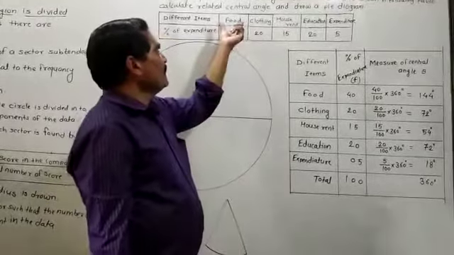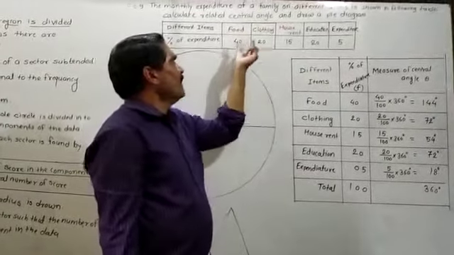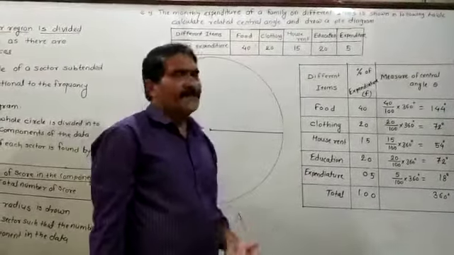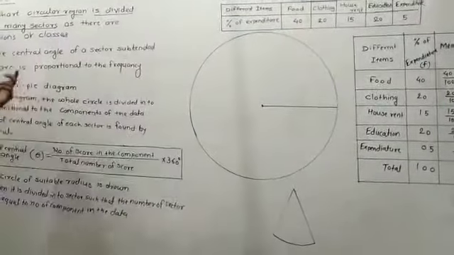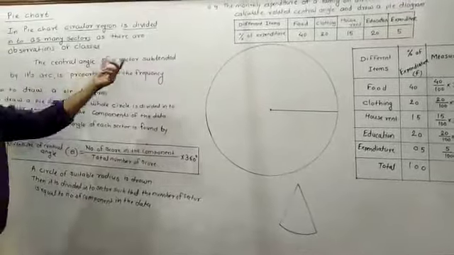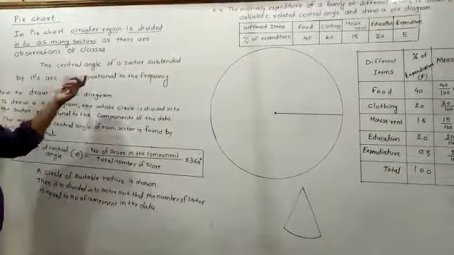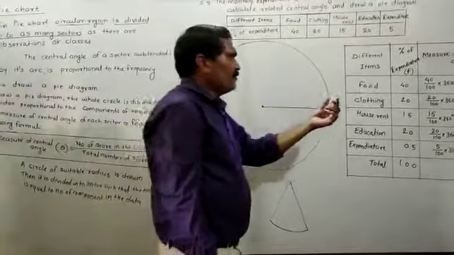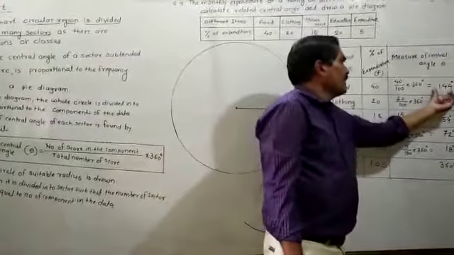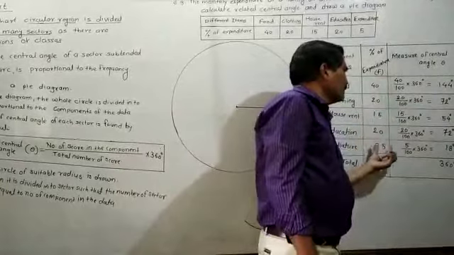These are the different items, and this is the percent expenditure, means this is the frequency. According to that, the central angle of the sector subtended by its arc is proportional to the frequency. This central angle is proportional to this frequency.